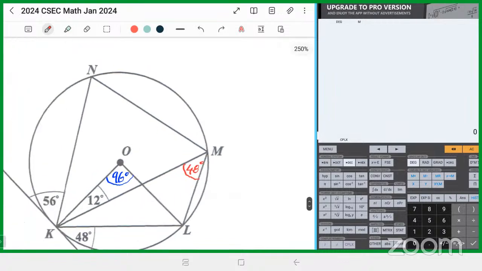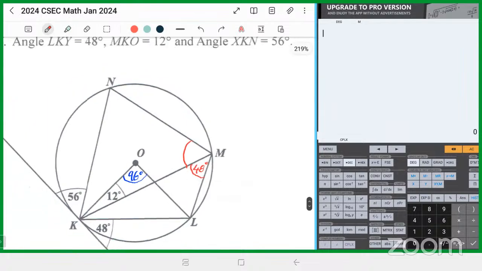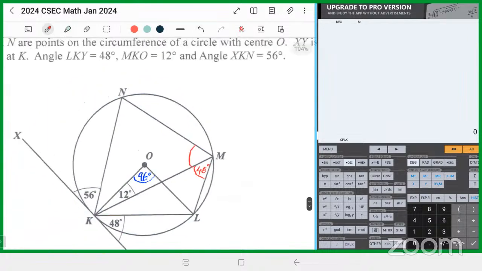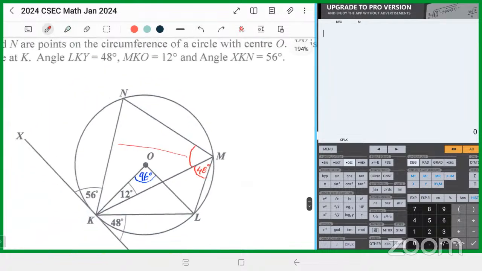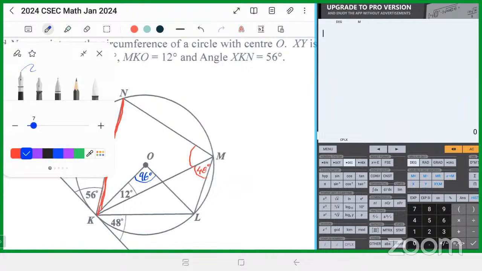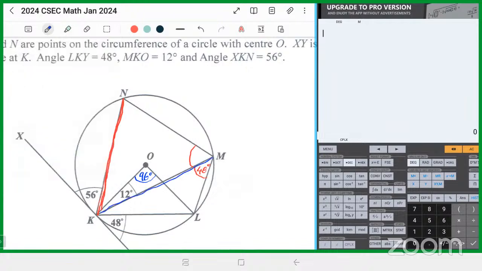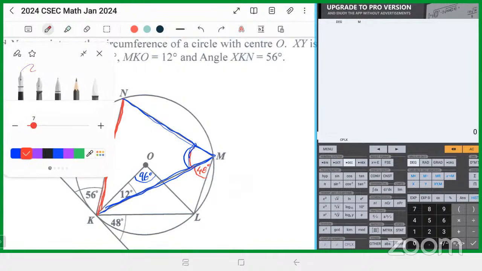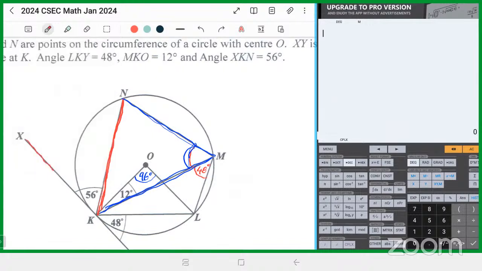So we need this other piece. This other piece is subtended by this chord over here. And that chord is making this angle with a tangent of 56.